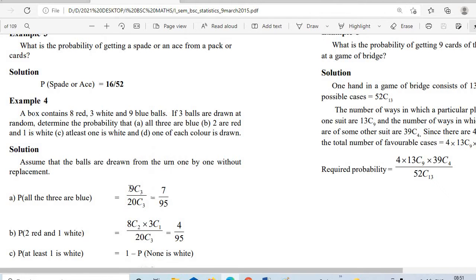So the number of favorable cases is 9C3 and the number of total cases is 20C3. So we divide the number of favorable cases by the number of total cases, that is 9C3 by 20C3. After simplification you can see this is 7 by 95.